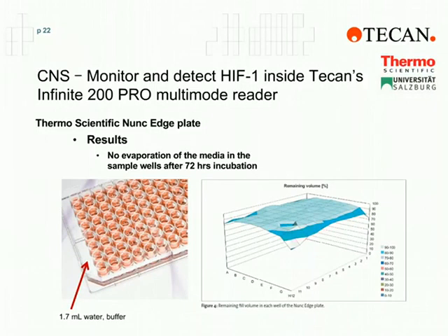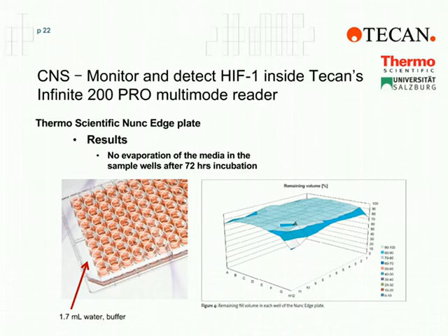The NUNC Edge plate was actually developed to really do away with the evaporation issue that people usually have to deal with in long-term assays. So this plate has a moat on each of the 4 corners, and each moat can take up 1.7 milliliters of water or buffer.